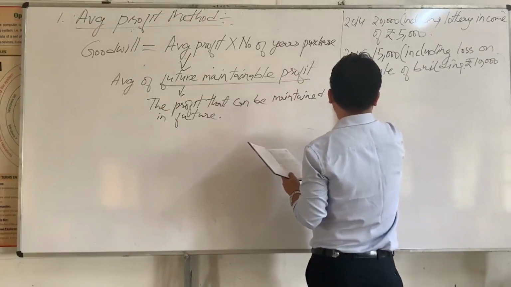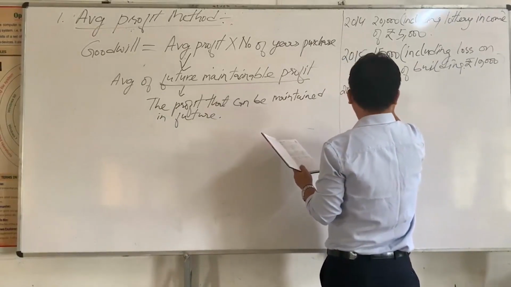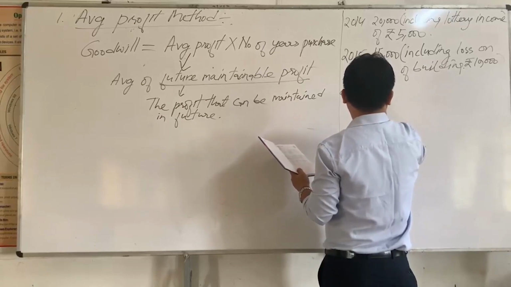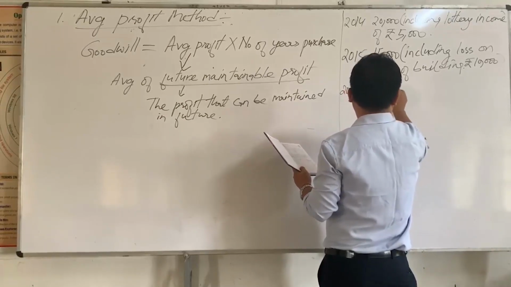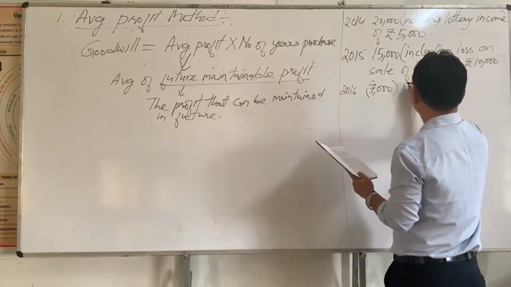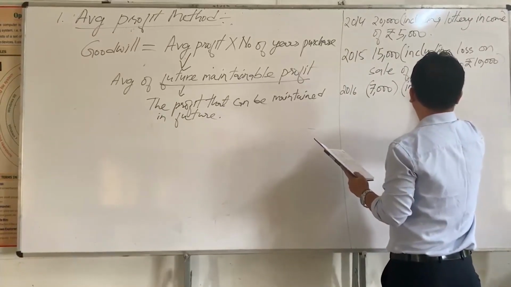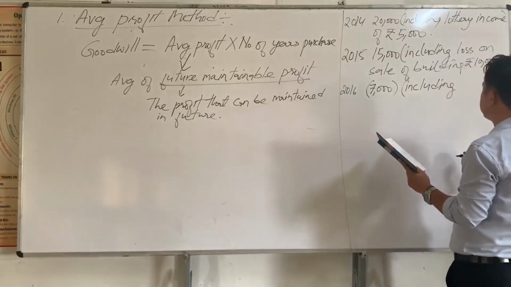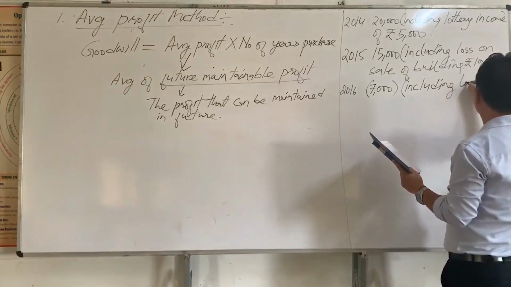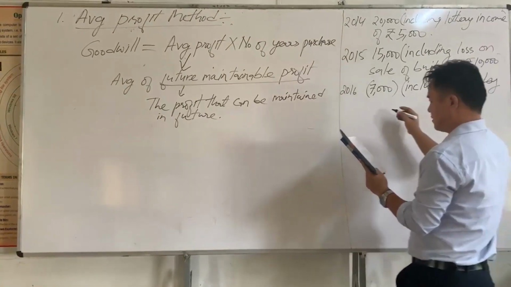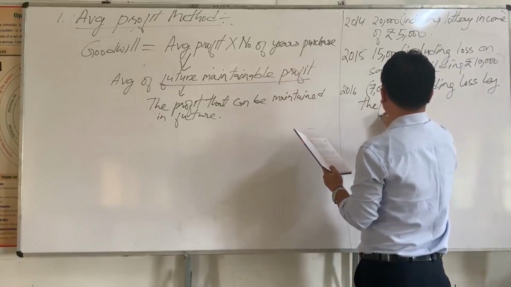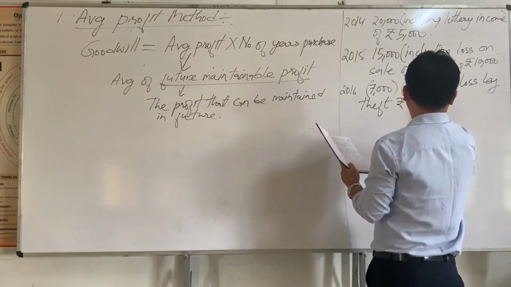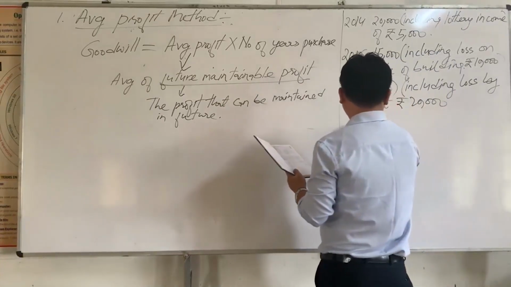Now in the year 2016, the firm suffered a loss of rupees 7,000, including loss by theft, rupees 20,000.